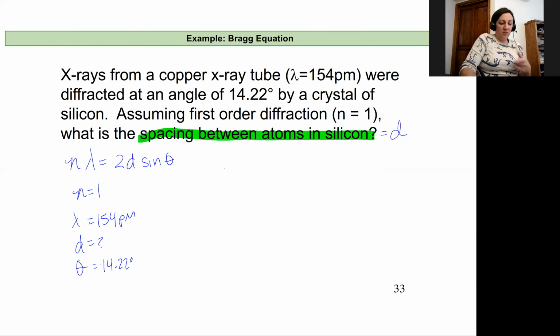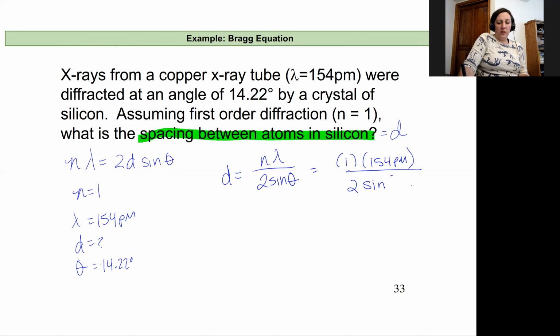I'm going to rearrange this because that's kind of how I like to do it. I've got my order and my wavelength divided by 2 sine theta. So this will be equal to 154 picometers divided by 2 sine of 14.22 degrees. Plugging that into my calculator, I get a value that is 313.46.